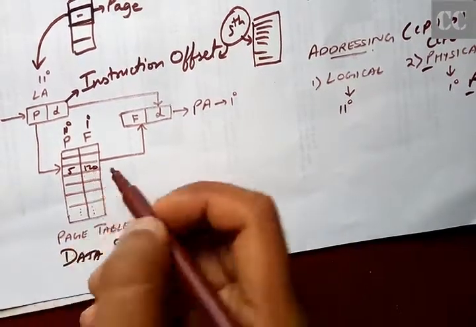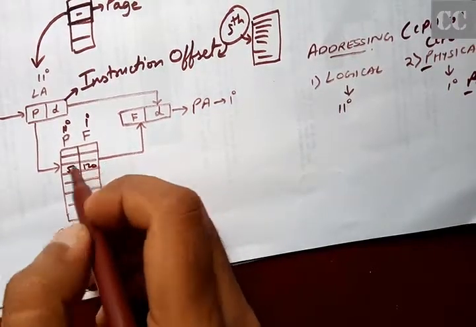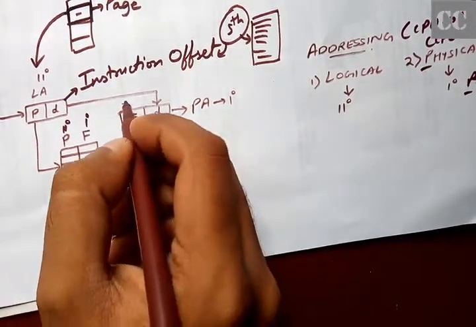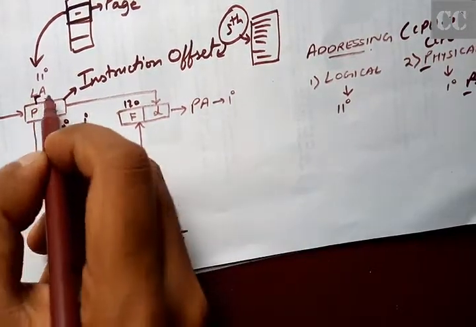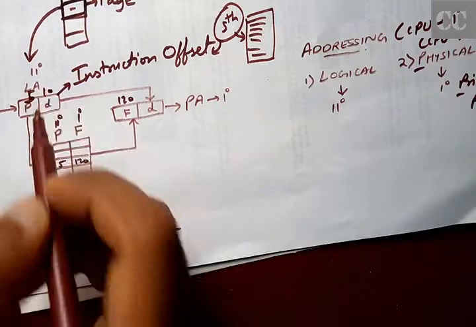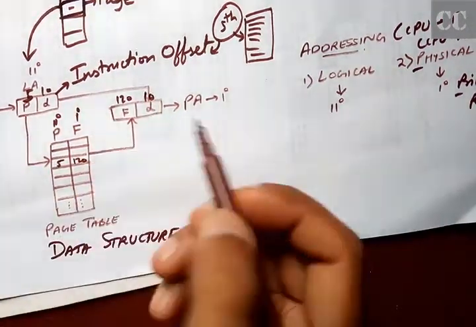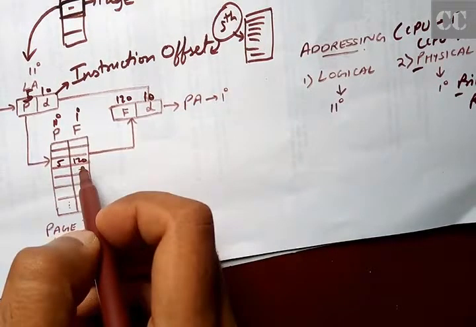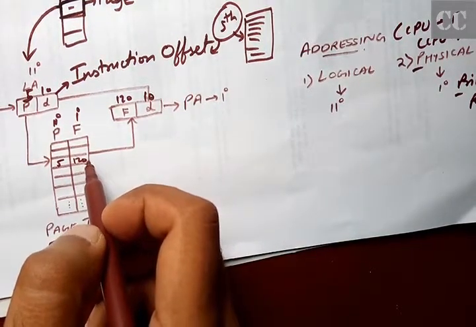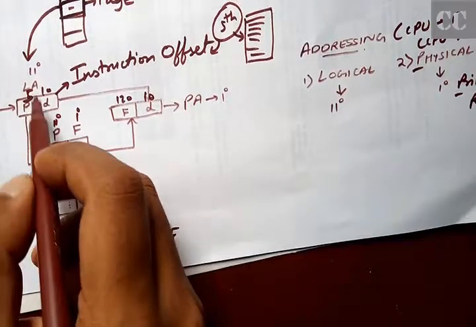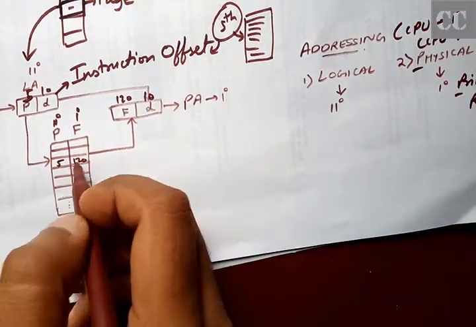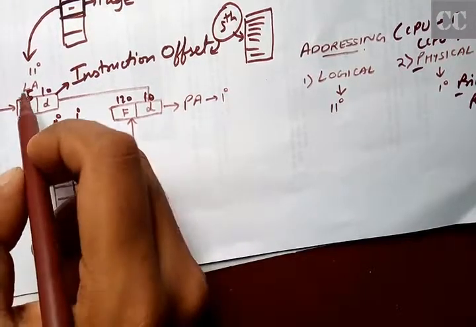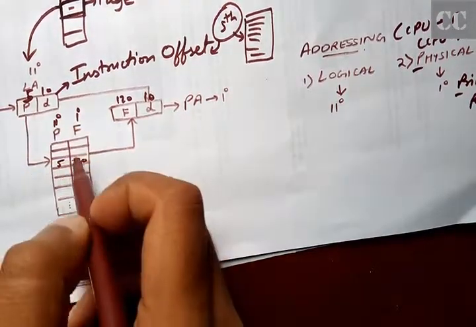Once the frame number is determined through the page table, this frame number is copied here into the frame. Here it was existing, let's say, the 5th page, 10th line of code. Here also it will be the same 10th line of code. The 5th page corresponds to the 120th frame number. That is, the 5th page of the hard disk has been copied to the 120th frame of the RAM.